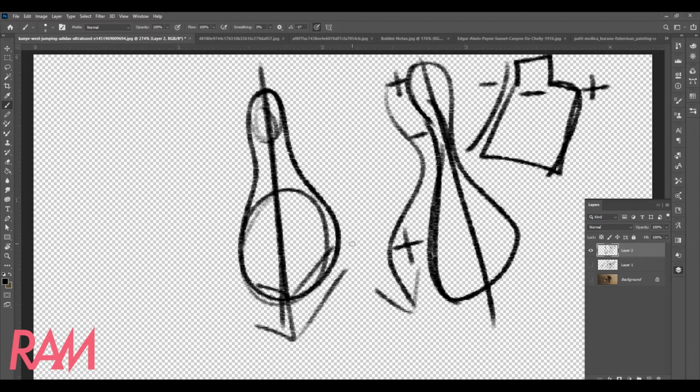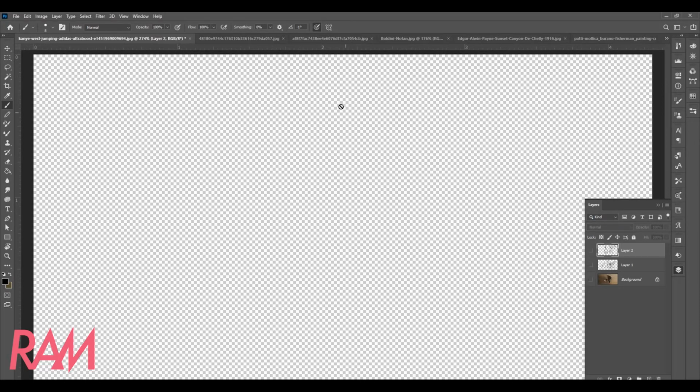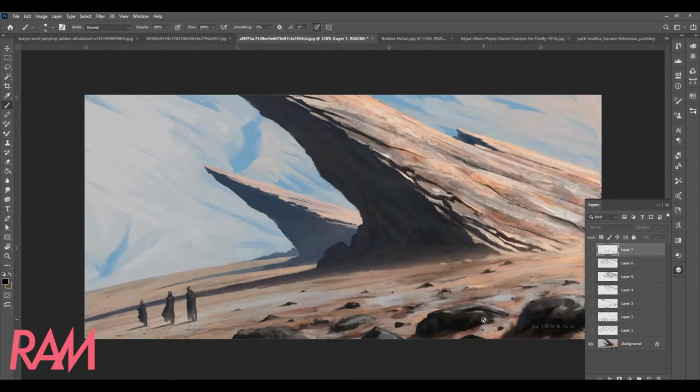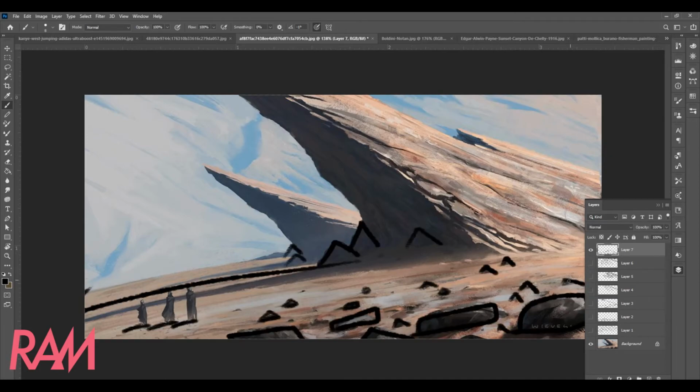And what you want to do with these shapes in the composition is build variety in your shapes. You want to have the contrast. So going back to the triangles, I'm going to build another one.